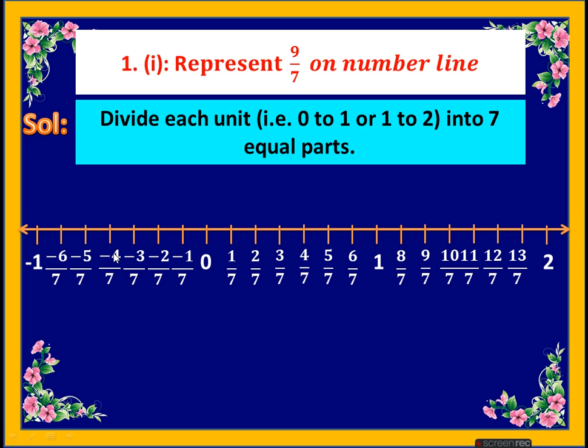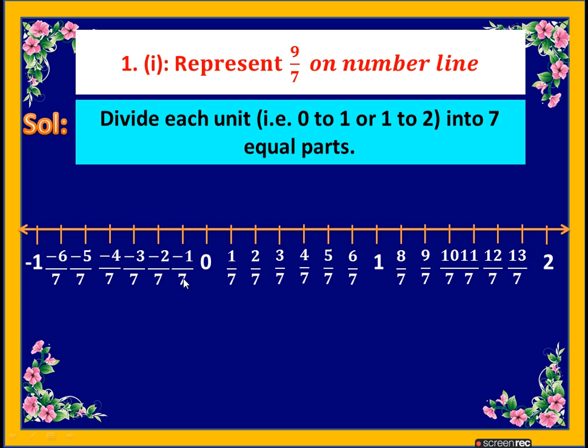So the right side number is greater than the left side number. Take any numbers: -5 by 7 is on the right, so it is greater than -6 by 7. -4 by 7 is greater than -5 by 7. -3 by 7 is greater than -4 by 7. -1 by 7 is greater than -2 by 7.